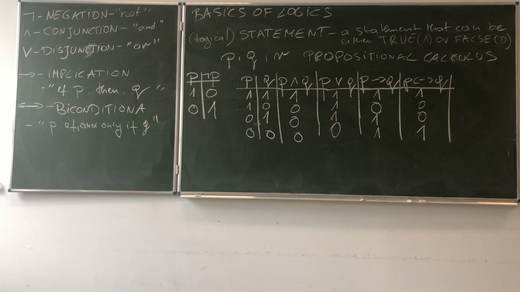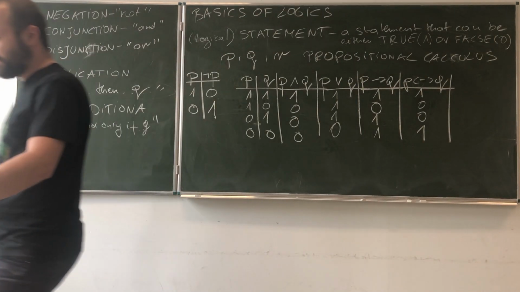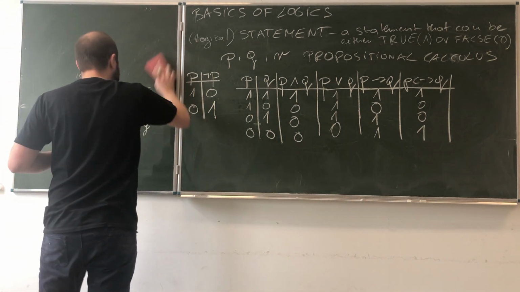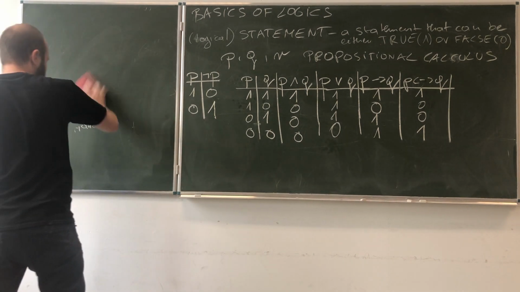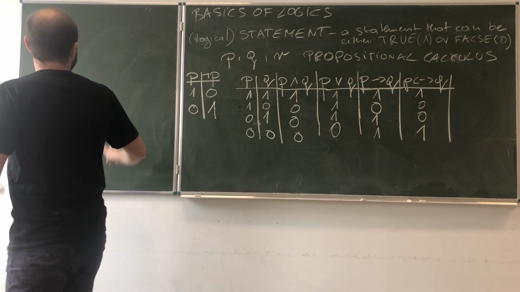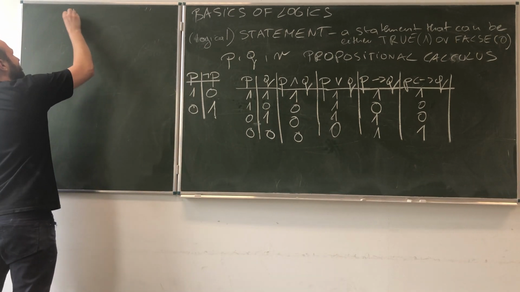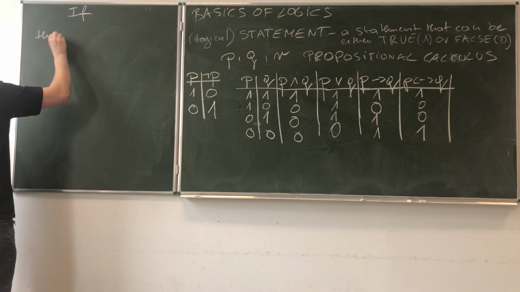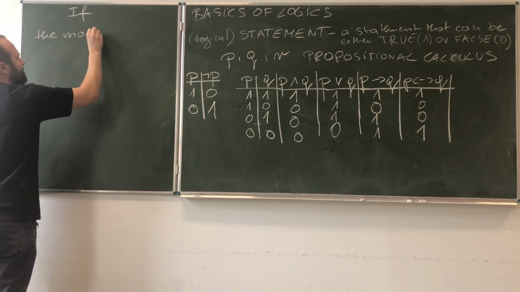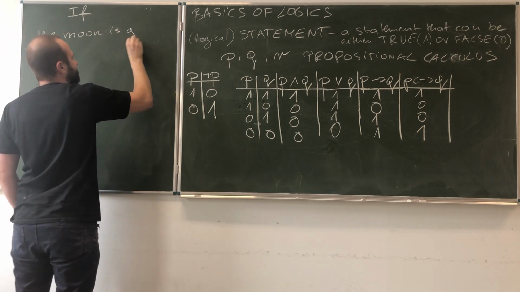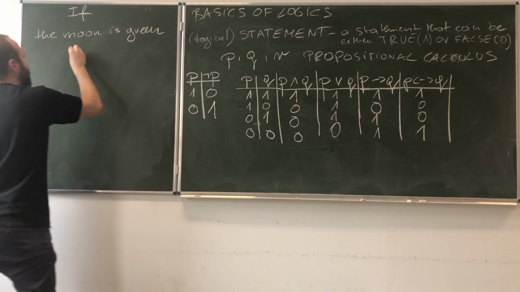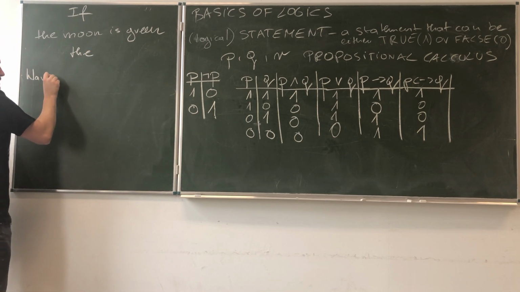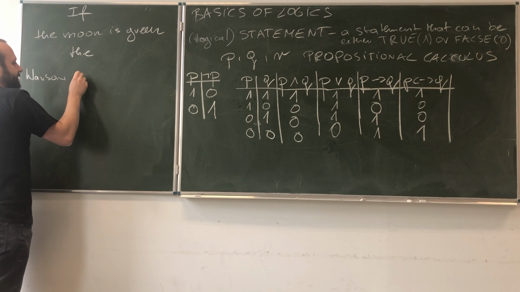Okay, so this wasn't that complicated, I hope, but let's now see how we can use what we've learned on some examples. Okay, and let's start with this. If the moon is green, then Warsaw is the capital of Poland.